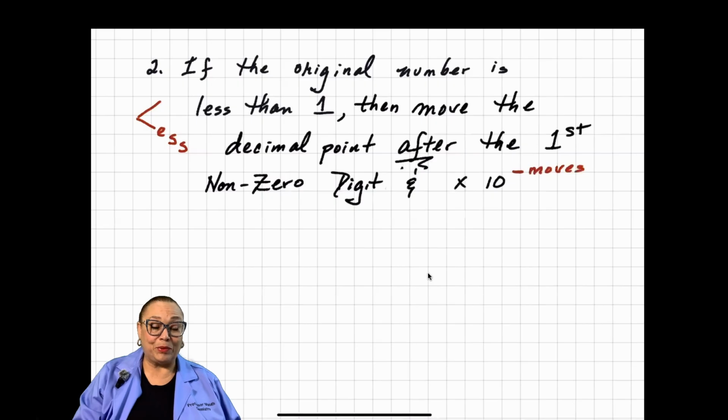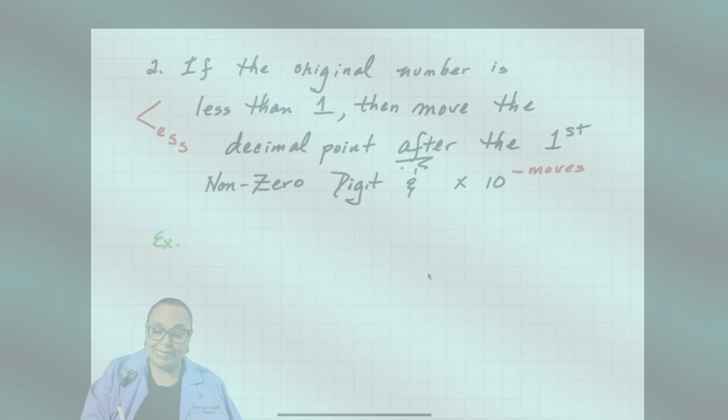Let's do an example. 0.0000592. This number is pretty small because it's less than 1. Now I'm going to move that decimal point over 1, 2, 3, 4, 5. You have to be after the number 5, not in front of the number 5.